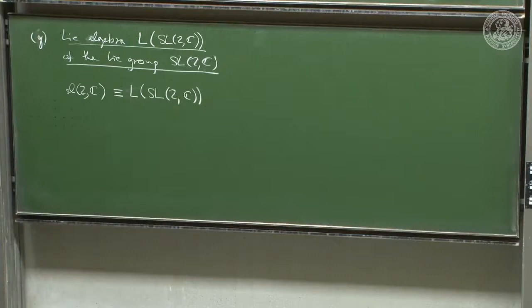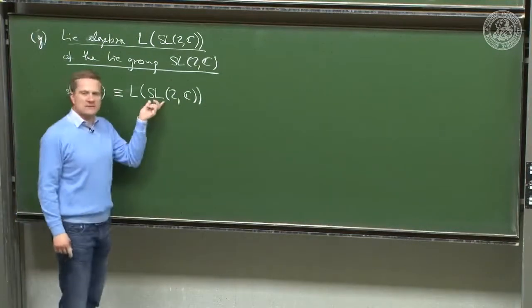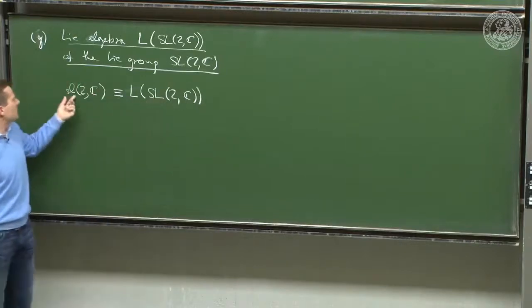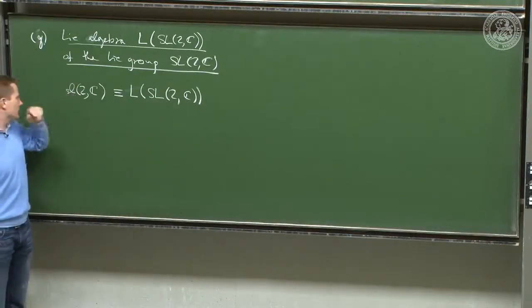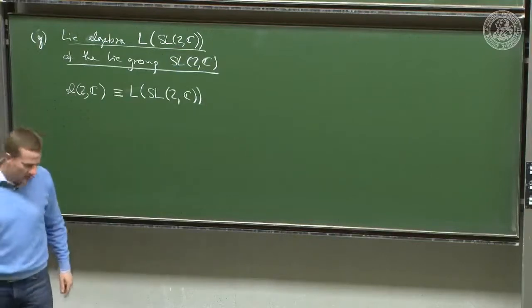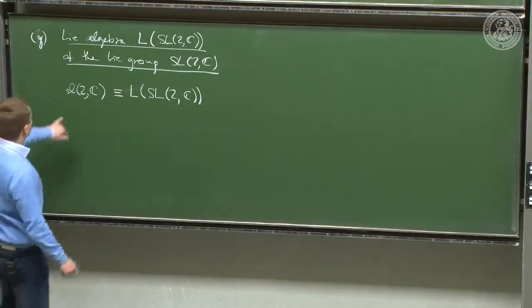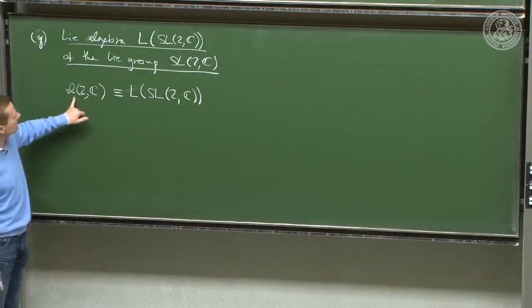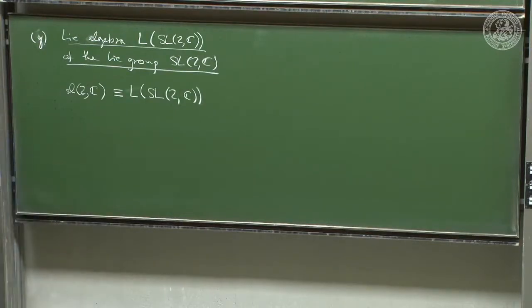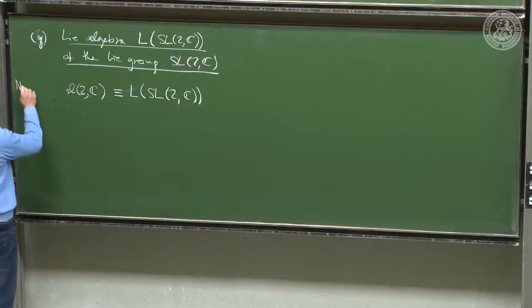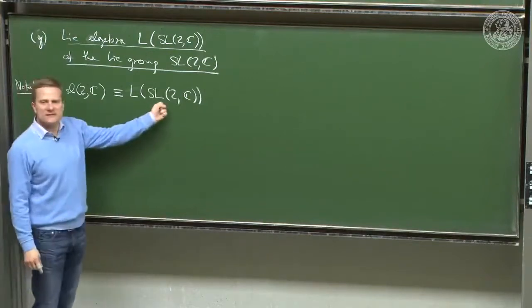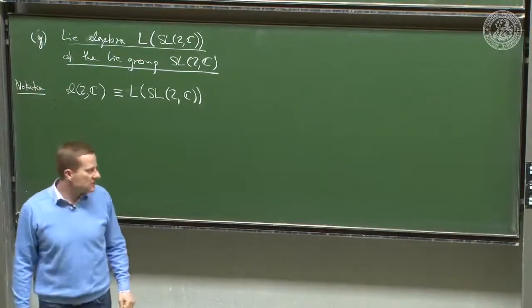If you have a Lie group and it carries a capitalized name, which it always does, then the corresponding Lie algebra carries the small letters, SL2C. So that's just terminology, notation. But now we need to think hard again. What is this L of SL2C?